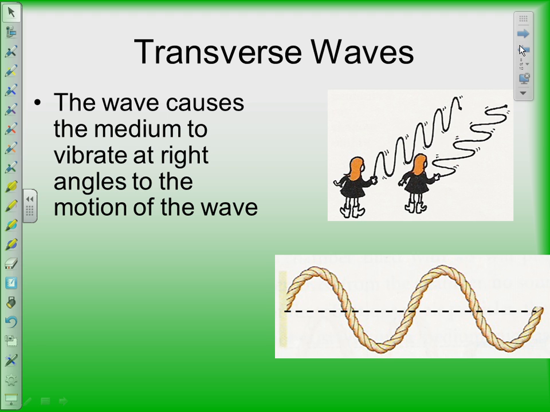And we said the medium has to be what? Matter, in order for it to be a mechanical wave. So here, girl at the playground, she has a jump rope, maybe somebody's holding it at the other end. And then she creates a disturbance in that jump rope.